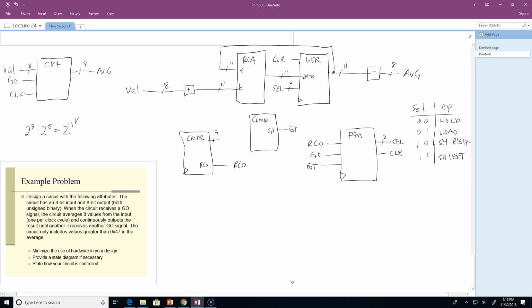Here's your GT input. And what is it comparing? It's comparing an 8-bit 0x47 with the input value. We can just use the 8-bit values called A and B, which helps.